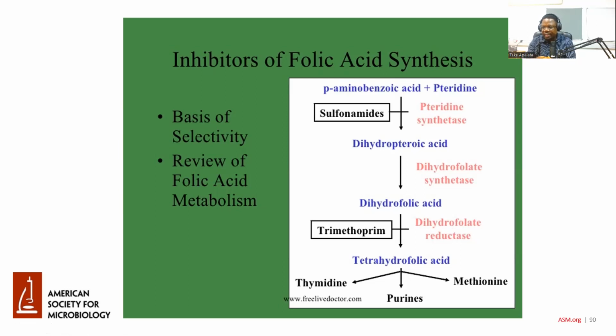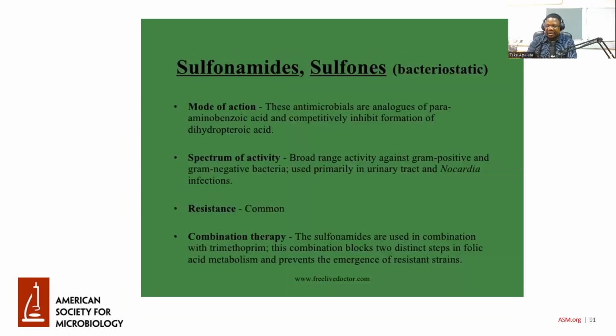So that's why they interfere, to try to block the synthesis of folic acid. So we say that sulfonamides, these antimicrobials, are analogs of para-aminobenzoic acid, PABA, and competitively inhibit formation of dihydropteroic acid.